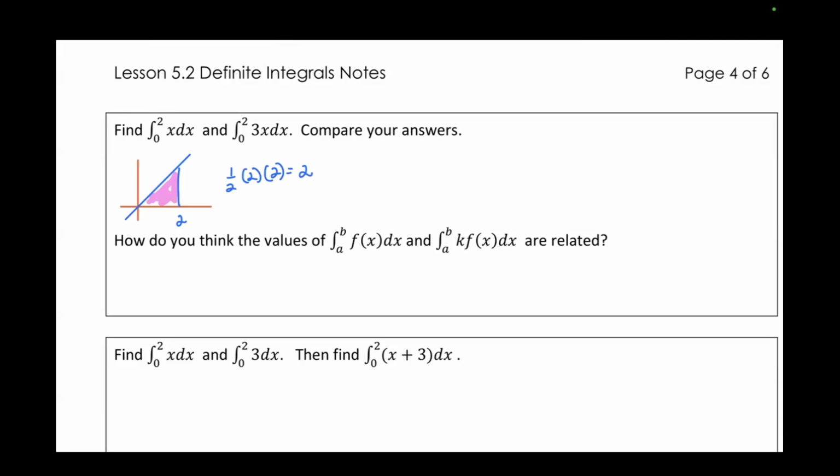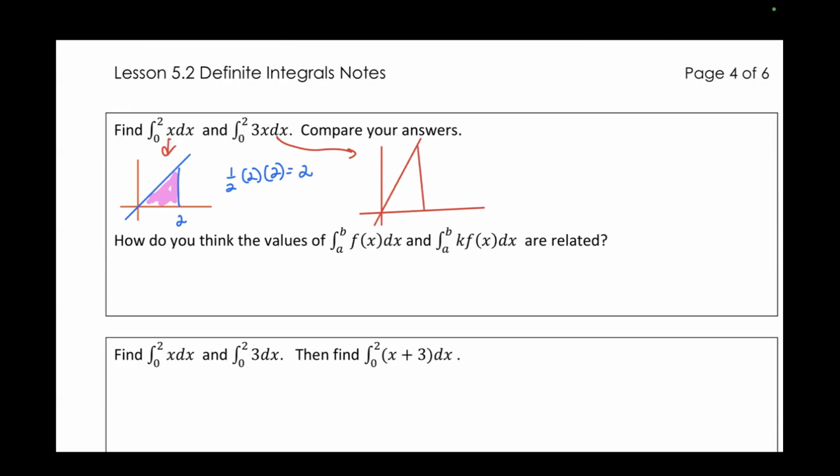All right. And now let's look at this one. So that was this. So 3x. Okay, so the graph is steeper. If we think about it, every y value is 3 times the y value of the other definite integral. If my y values are significant in finding the area because they're telling me about height, maybe I'm just going to be able to multiply my answer by 3.